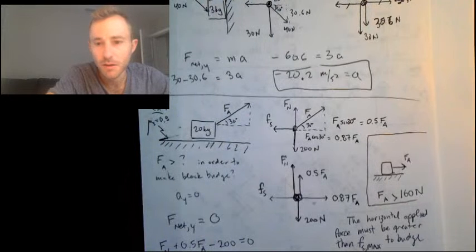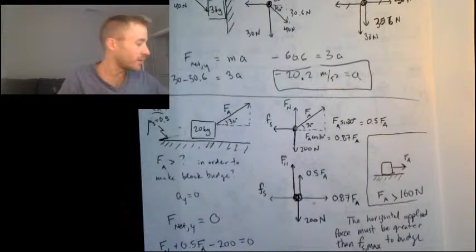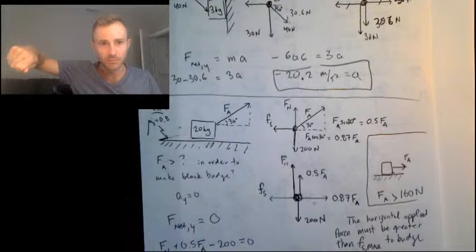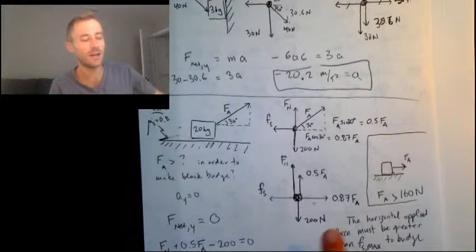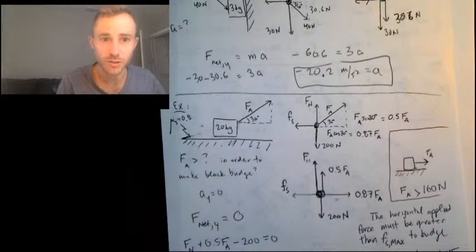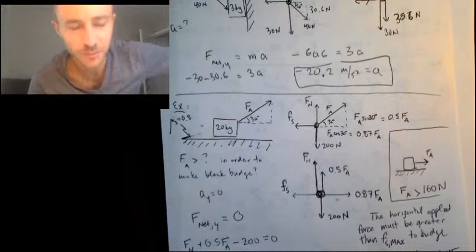So the lesson is we reduce the necessary applied force to make something move by pulling at an angle. And the reason is that pulling at an angle makes the normal force smaller, which reduces friction. Okay? So what does this have to do with fighting someone?